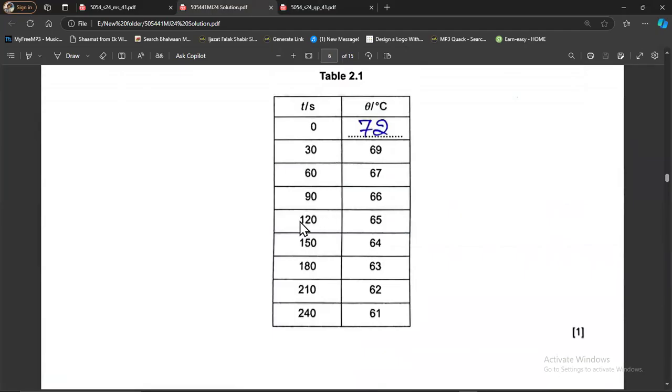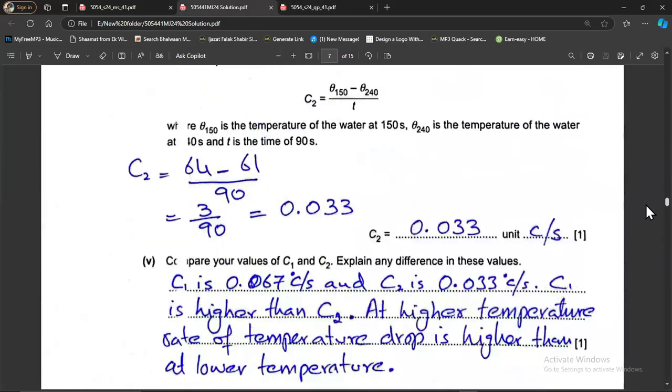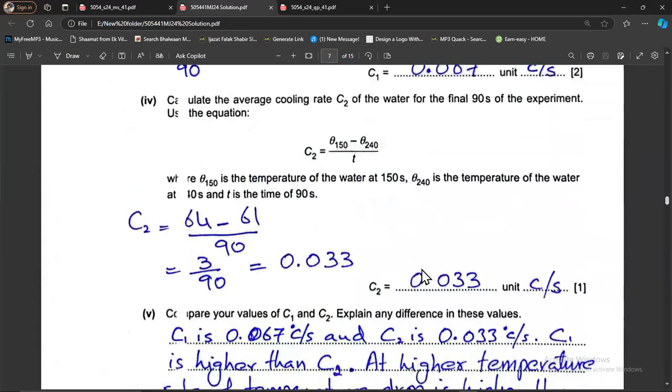So at 150, the temperature is 64. At 240, the temperature is 61. And the time difference is 90 seconds. So we will put these values there. And here we have C2. So the C2 will be equal to 64 minus 61. 64 is the temperature when the time is 150. 61 is the temperature when the time is 240.